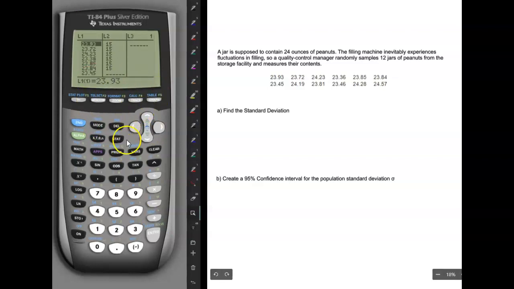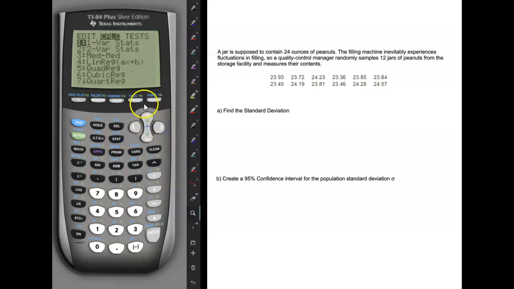Once we have that in, we're going to go to Stat, Calc, and we're going to do our 1-var statistics for list 1.